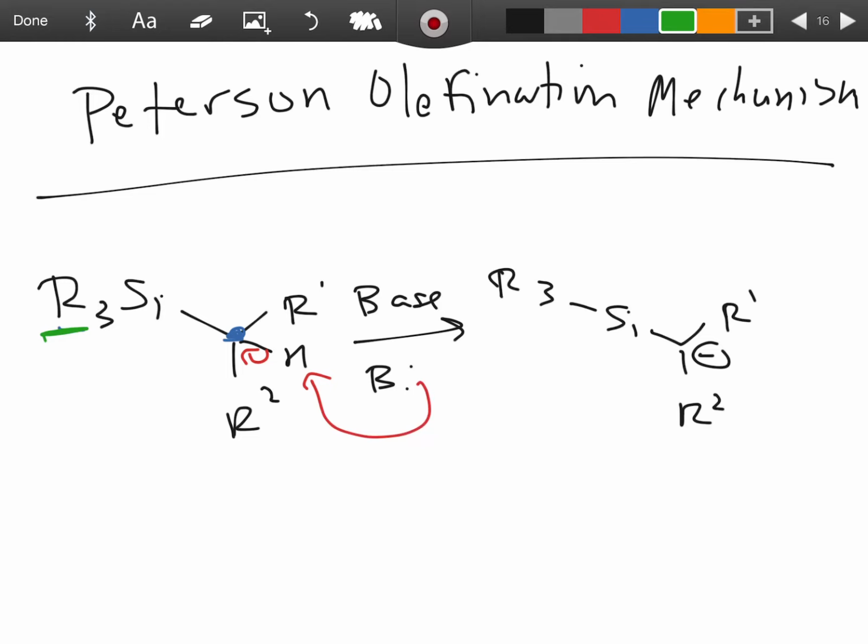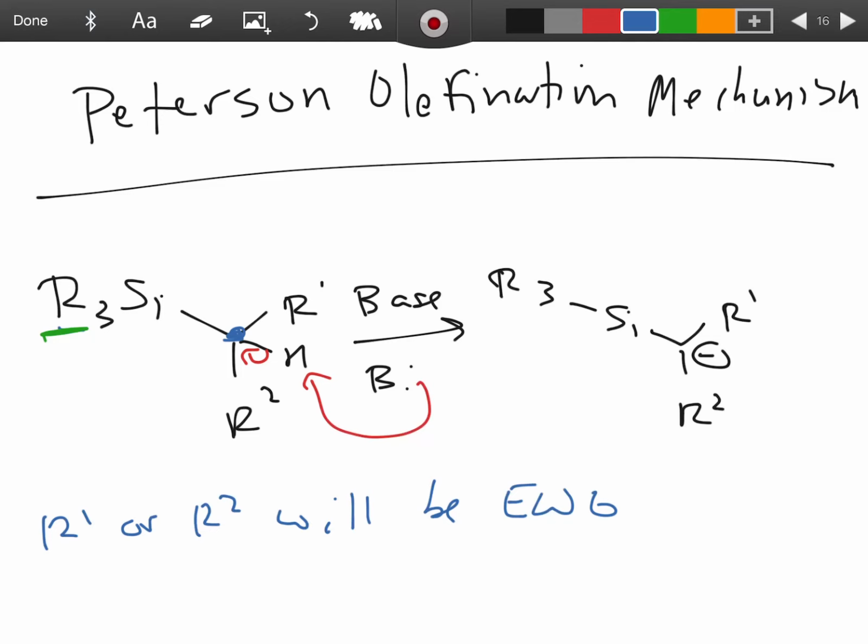So in a lot of examples, R1 or R2 will be an electron withdrawing group to help make the carbon that you want to deprotonate more acidic, because you're able to deprotonate alpha silyl groups pretty easily.